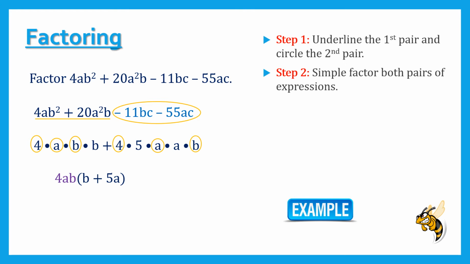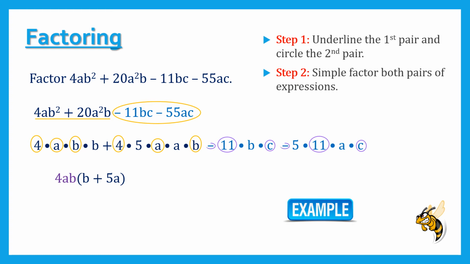Now let's simple factor the second pair. And we realize it's going to be negative 11 times b times c minus 5 times 11 times a times c. We notice that they have 11 in common. They also have a c in common. And this is super important.